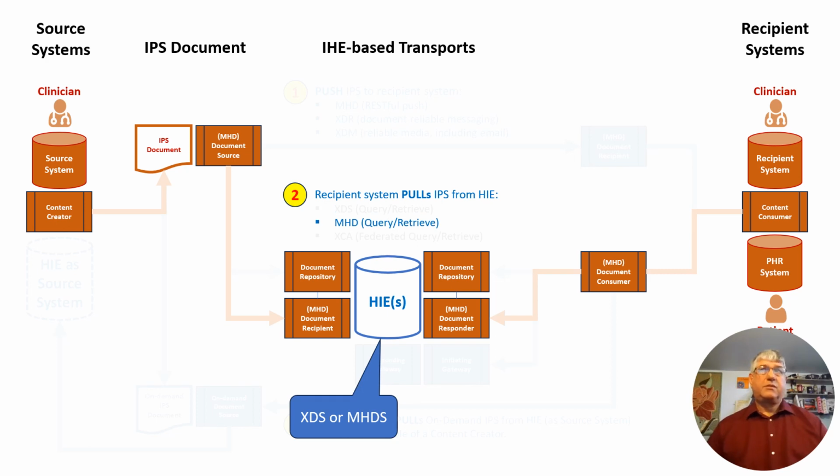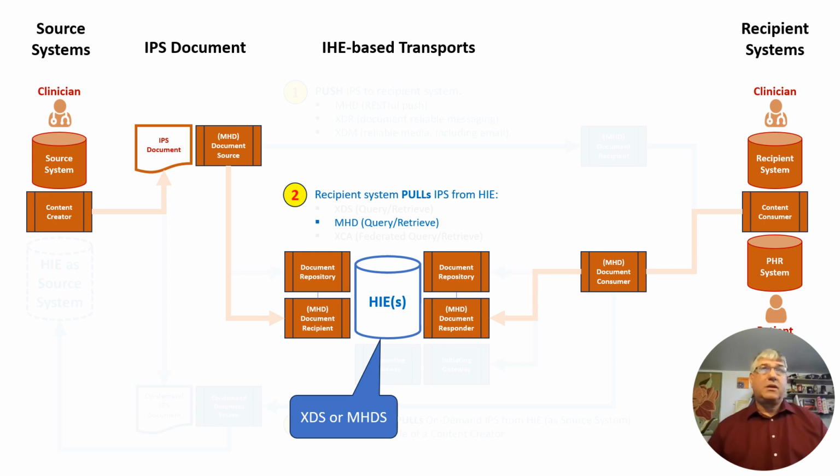So this flow is just a slight difference from the previous one. In this case, we're going to use MHD on the document source side. MHD is a FHIR-based document sharing infrastructure. It's going to publish it to its recipient, who then registers it into the repository and the registry. And on the far right-hand side is just showing MHD doing the queries and retrieves.